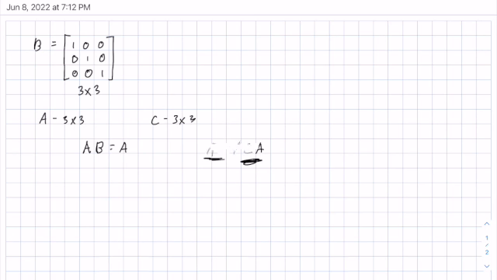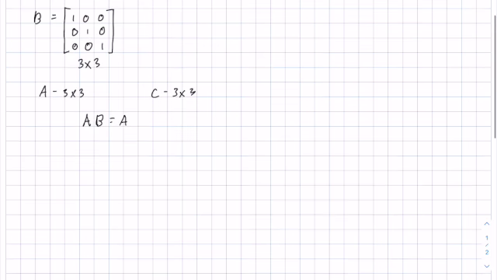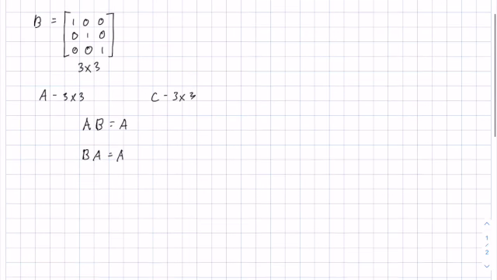But for an identity matrix, that doesn't matter. So the order doesn't matter when you're multiplying for an identity matrix. If you do B times A, this will still be equal to A. So that's the point of an identity matrix. It's so that you get the same matrix if you multiply it to another square matrix of the same dimensions.